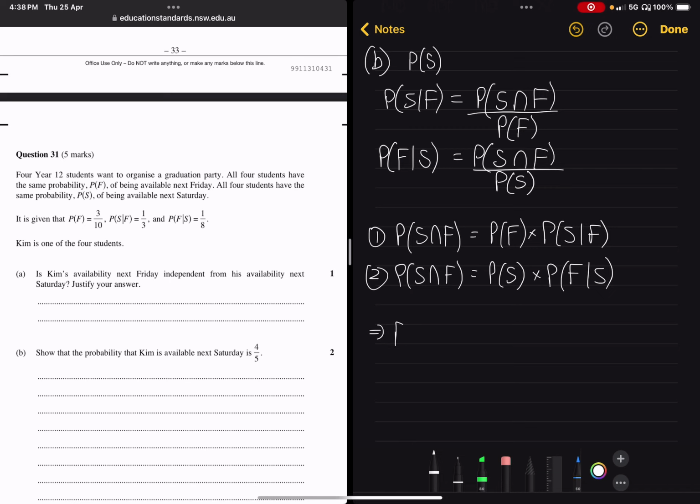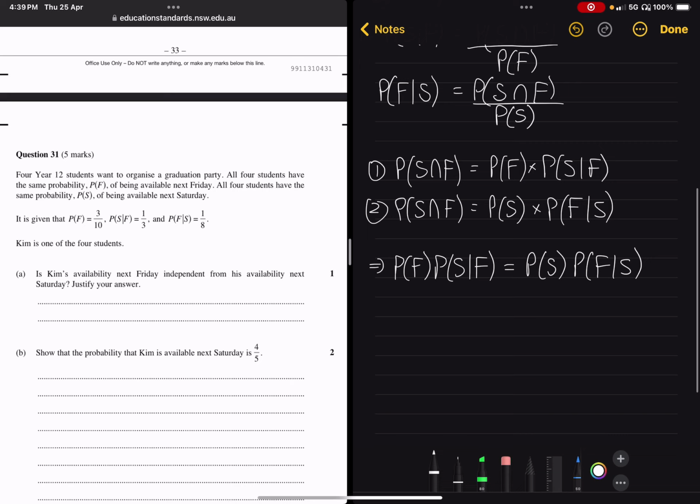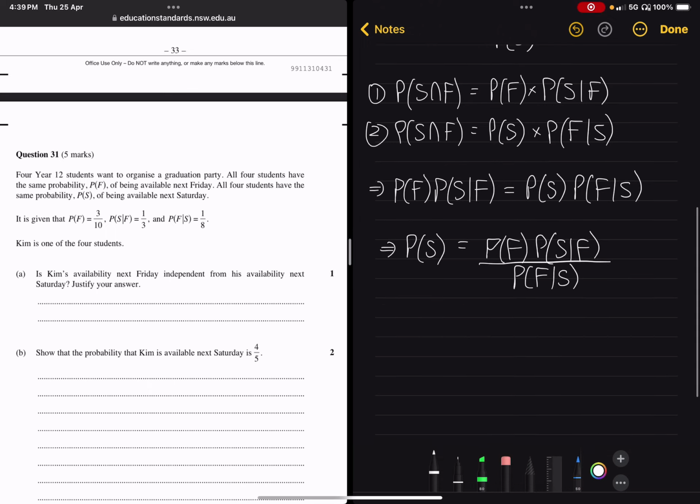This will give us P(F) times P(S|F) is equal to P(S) times P(F|S). We have all of these except for P(S), which is what we're trying to find. So we can rearrange this. This gives us P(S) is equal to P(F) times P(S|F) divided by P(F|S), and we can just plug everything in.